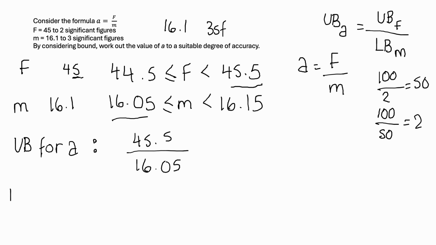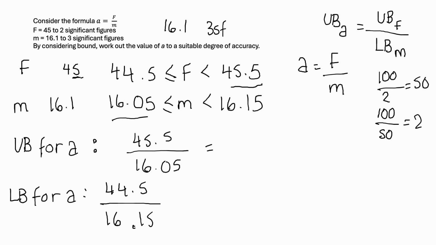And then for our lower bound for A, we're going to do the lower bound for F, so 44.5, divide by our upper bound for M, which is 16.15. Okay, so let's look at the upper bound. If we do that onto our calculator, we should get an answer of 2.834, so on and so forth. Then for our lower bound for A, we should get an answer of 2.755.